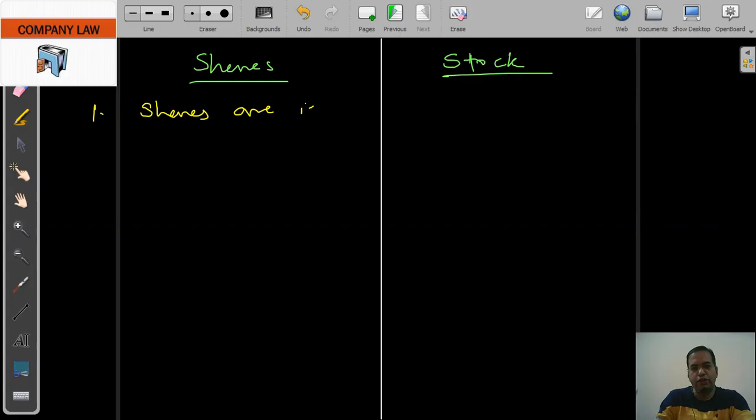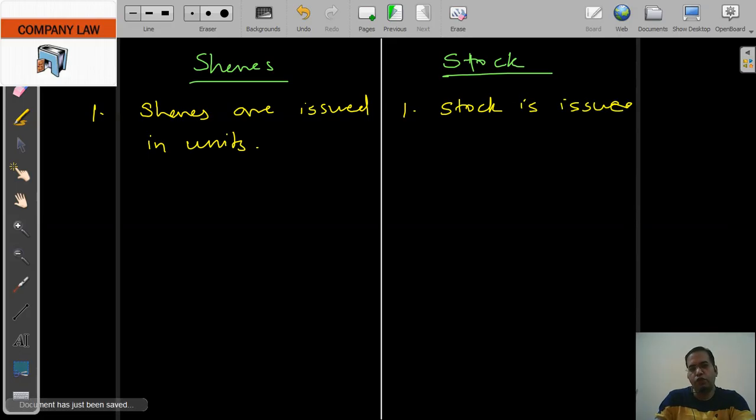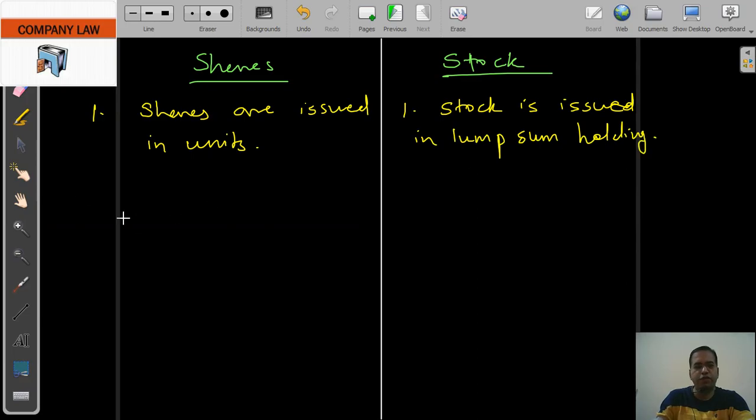Shares are issued in units, whereas stock is issued, but let me tell you, stock cannot be directly issued, it should be converted, in lump sum holding. So this is the first point of difference.